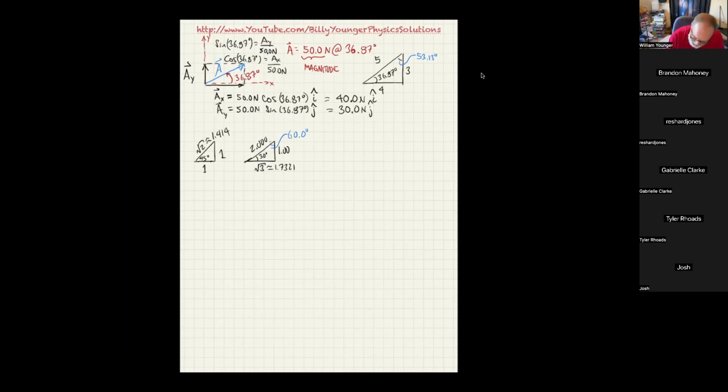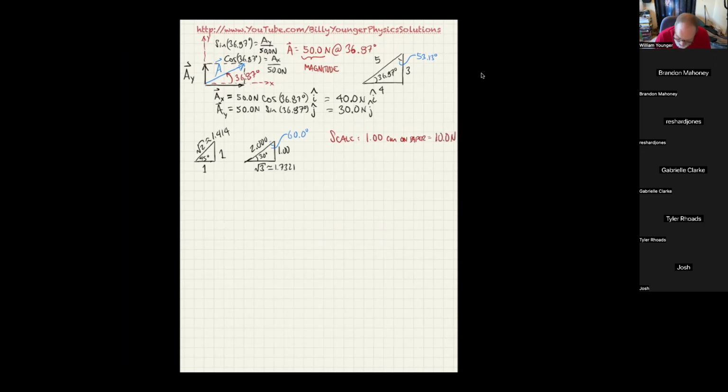And your scale might be something along the lines of, you could say 1.00 centimeters on paper equals 10.0 Newtons.